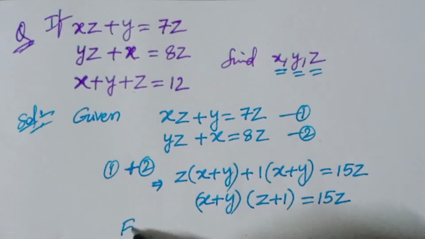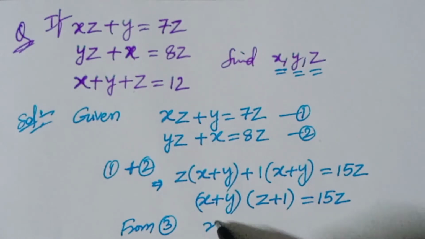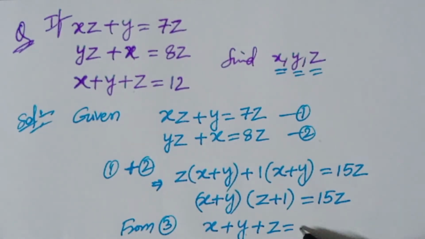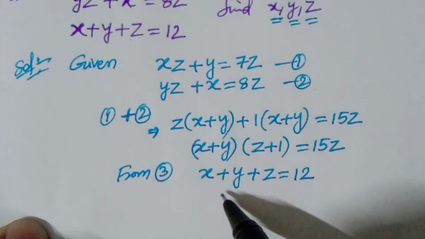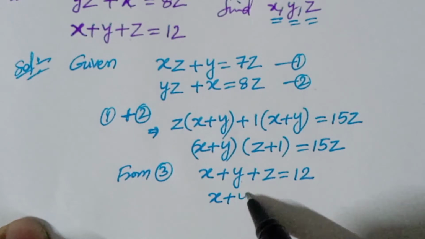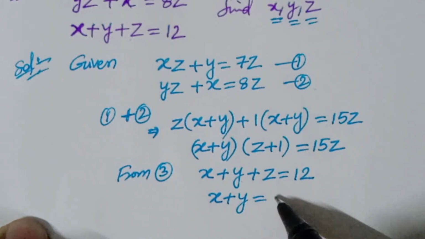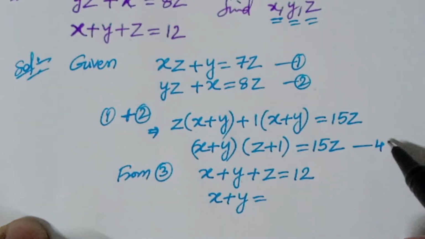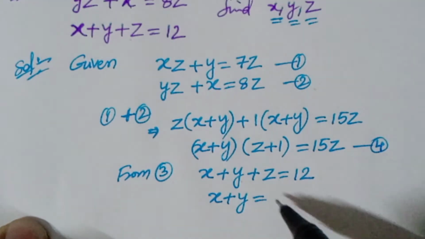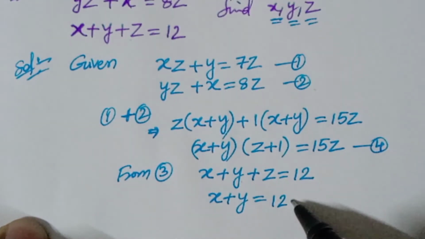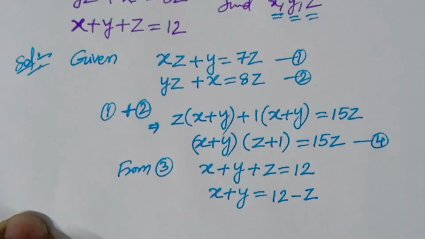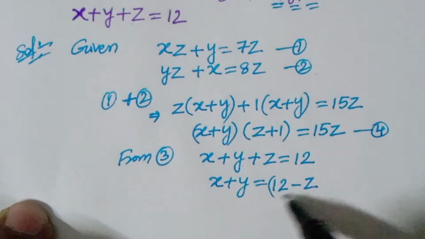So from the third equation, what is given? x plus y plus z is 12. From this you can get the x plus y value, let it be 4. So x plus y value is 12 minus z.